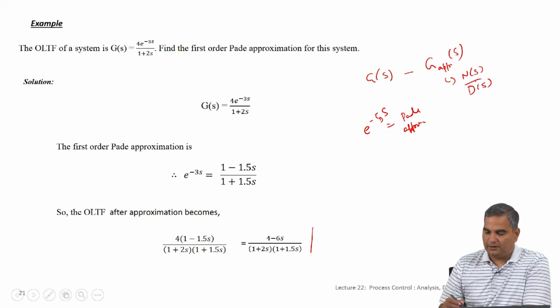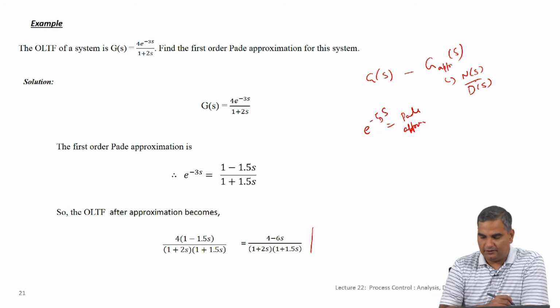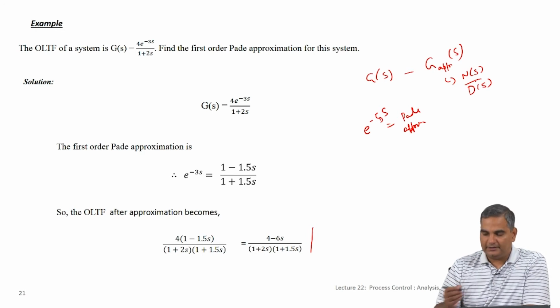And once you have this numerator by denominator form, you choose the corresponding G desired that will make the overall controller one of the forms that you are comfortable with, the PID form, and then go through the same direct synthesis procedure, you will get a controller.